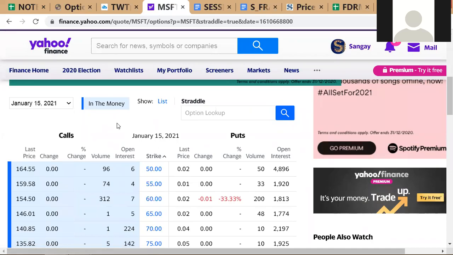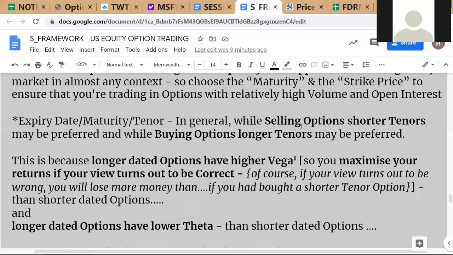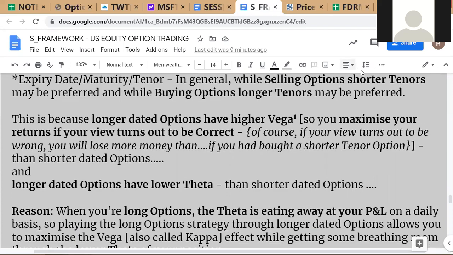That's based on whether you've decided to be a buyer or seller. Sellers, shorter tenors; buyers, longer tenors. Now, don't memorize this. More important is to understand the thinking behind these rules. That is based on Vega and theta and the characteristics of options. So anybody has any questions, any clarifications?